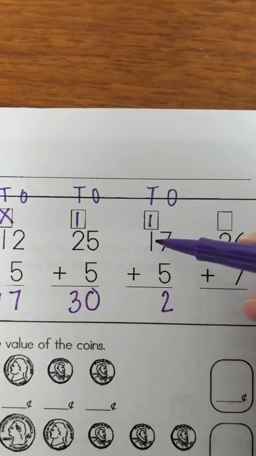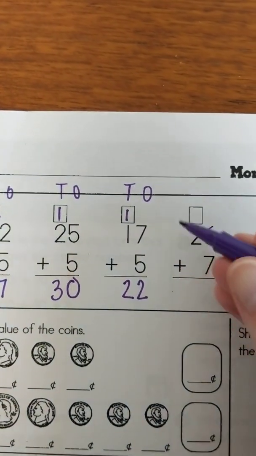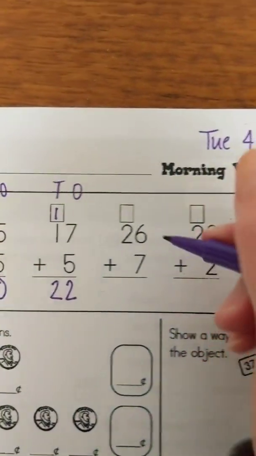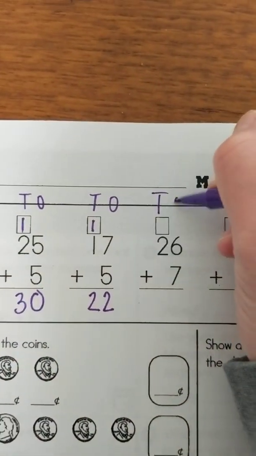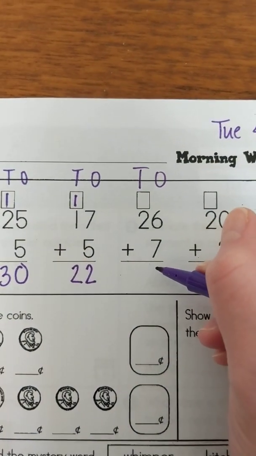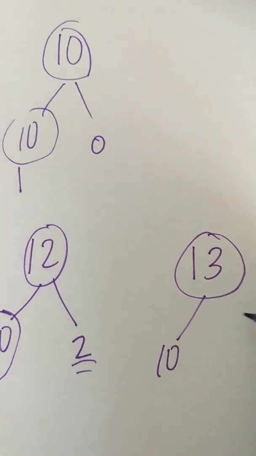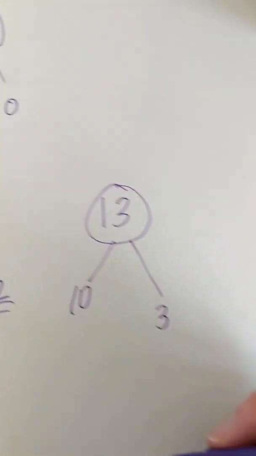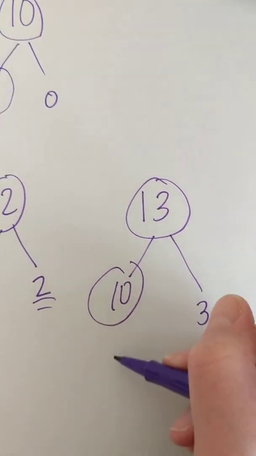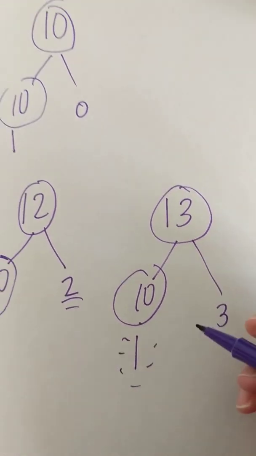So now I have 1 ten and 1 ten, and I know that is 2 tens. So 17 plus 5 is 22. Okay, over here, tens and ones. In my ones place, I have 6 plus 7. I know that 6 plus 7 is 13. If I think of 13 as 10 and 3, this 10 I can make into a stick of 10, that shiny new 10 we make.